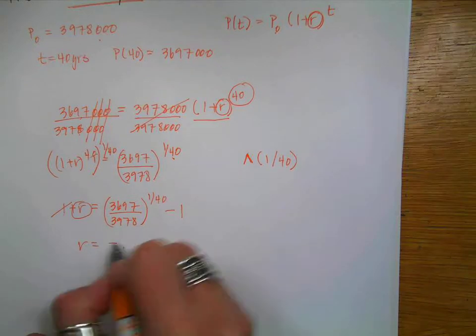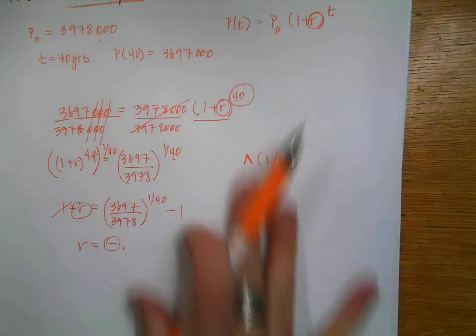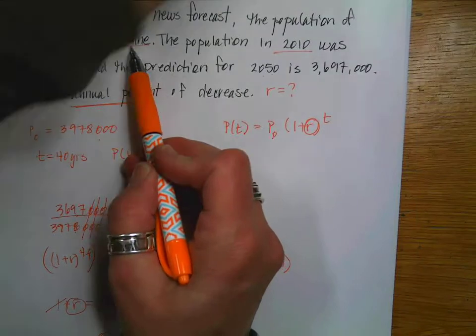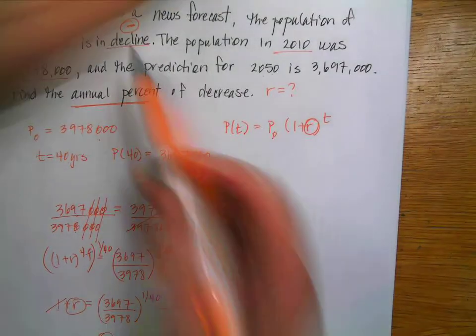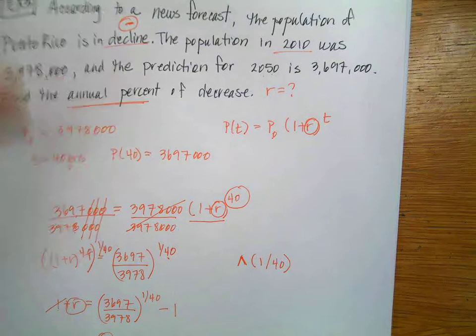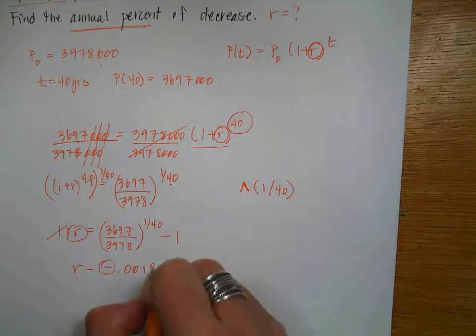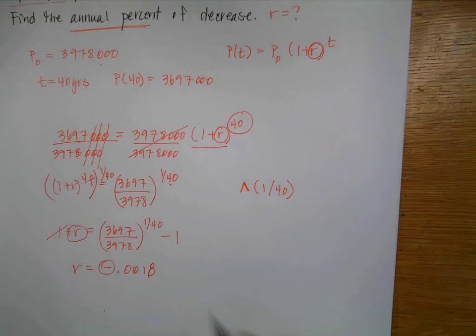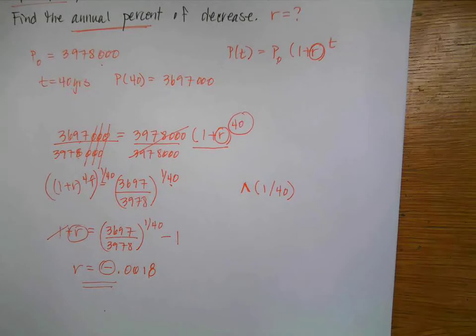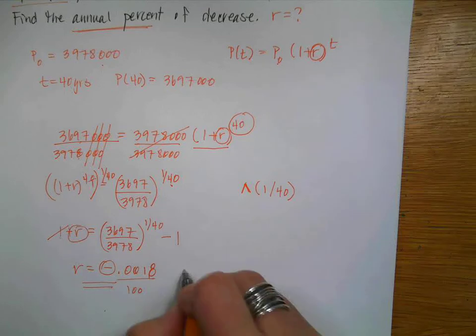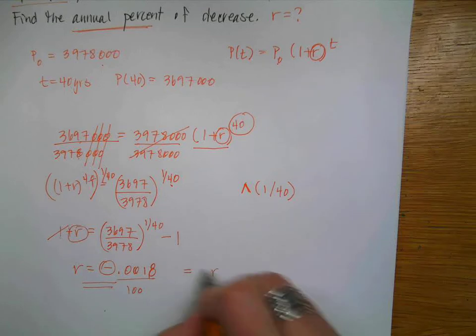So I'm going to record my answer. R is a negative point. The negative is good because back in the original part of the problem, it said that it was in a decline. Zoom back out. So I get a negative 0.0018, and this would be my R. If I want to put this in percent form, remember that I would divide by 100.